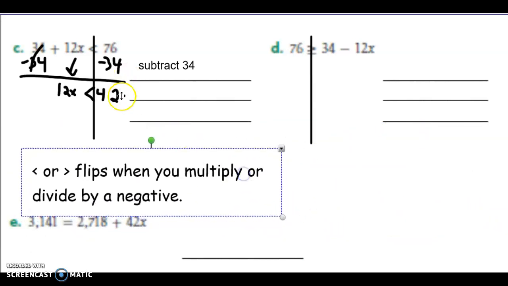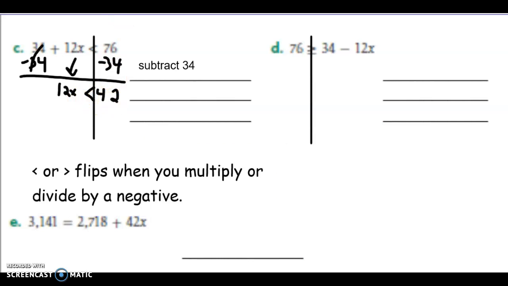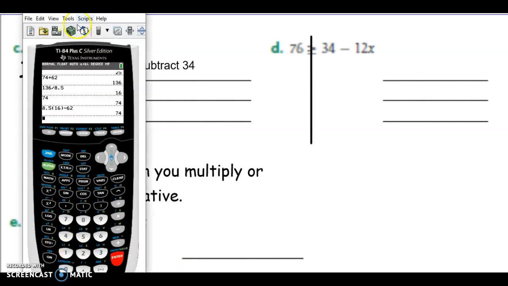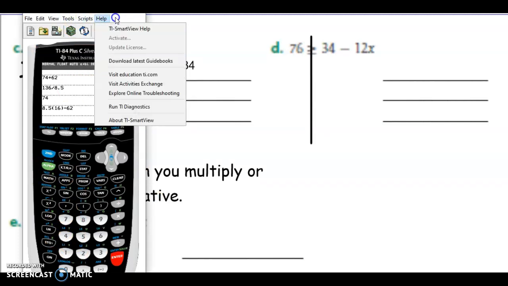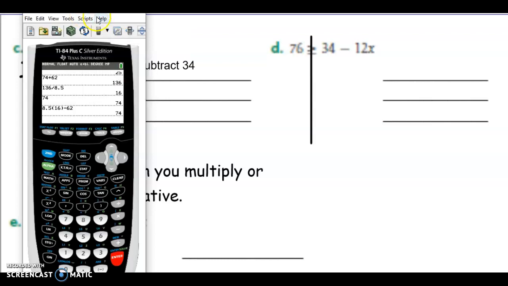So we subtracted 34, and we got 12x less than 42. The next step is we're just going to take both sides. This is 12 times x, so we're going to divide by 12, divide by 12. All right, let's do the math.